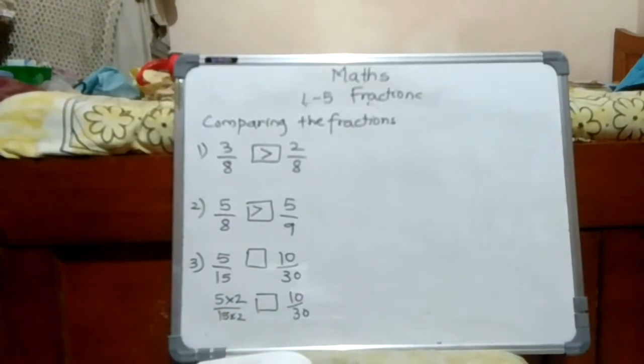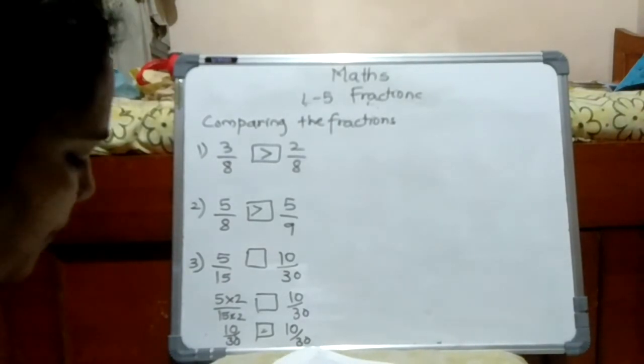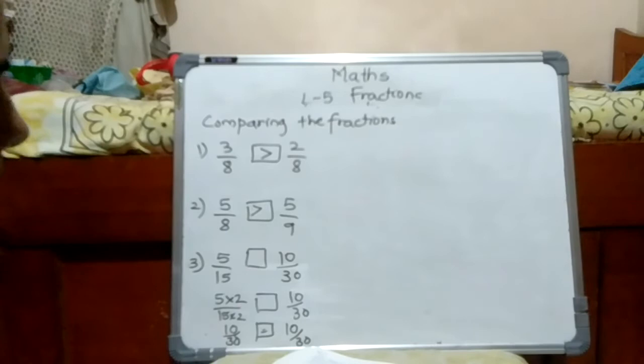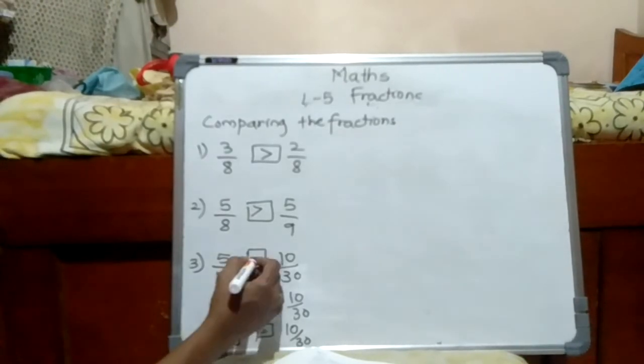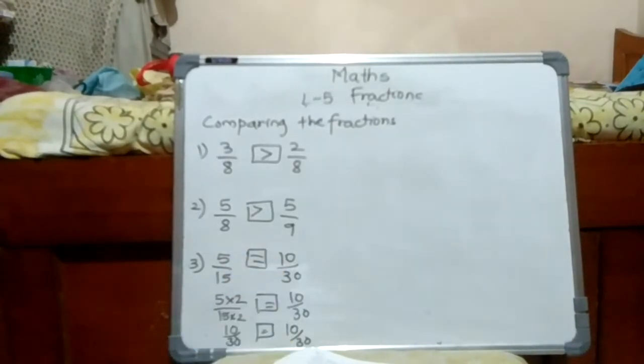Here again what we will get? 10 upon 30 equals 10 upon 30. We will always convert into like fractions and then compare. That will be very easy for us. So here it will be the equal to sign.